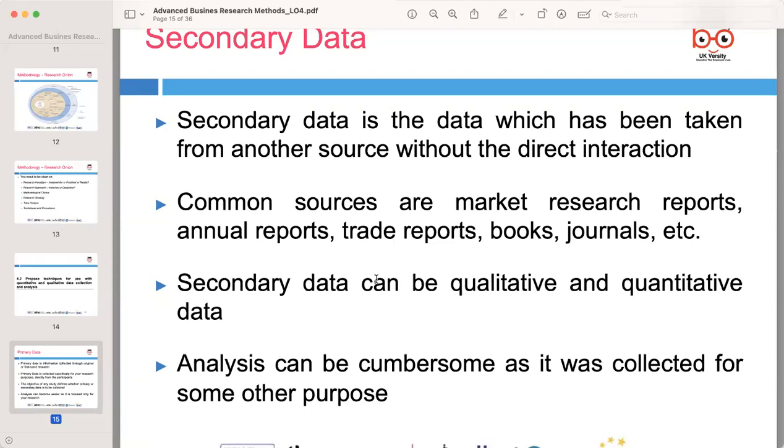So basically, secondary data is information that is collected from existing sources without direct interaction, and it can be qualitative or quantitative and is commonly found in reports, books and journals.